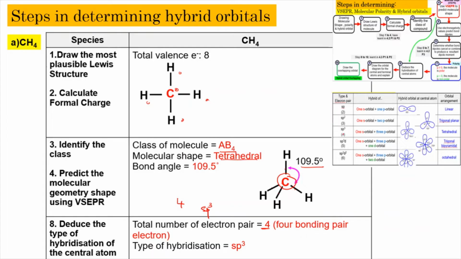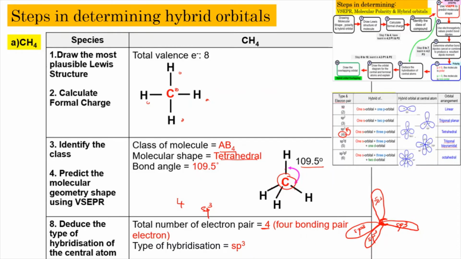You can refer to here: electron pair 4 refers to sp3. So we know that the sp3 hybrid orbital will have a shape like this: sp3, sp3, sp3, sp3, and then they're going to have carbon. So this is the carbon hybrid orbital of sp3 here.